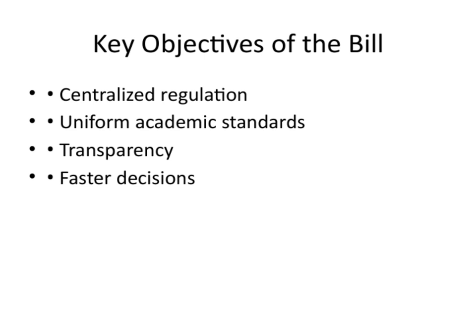Transparency is also a key focus. By making processes clearer and more open, we build trust and accountability within the system. And finally, faster decisions, streamlining approval processes and reducing delays, are essential for adapting quickly to changing needs and opportunities. All of these objectives tie back to the overarching goal of creating a more efficient, fair, and reliable educational framework.